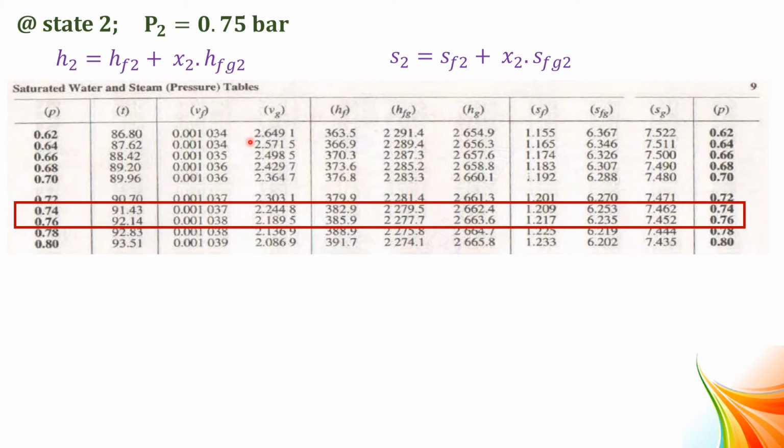HF2 and HFG2. Here, in the steam table, the value of pressure P2 is not mentioned. Therefore, we have to measure the corresponding values at 0.74 bar and 0.76 bar and interpolate these values, and we get the corresponding values at a pressure of P2 equal to 0.75 bar.